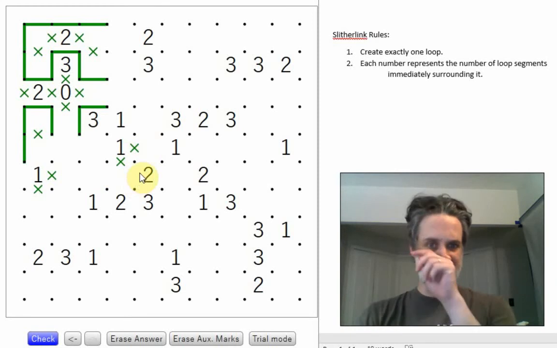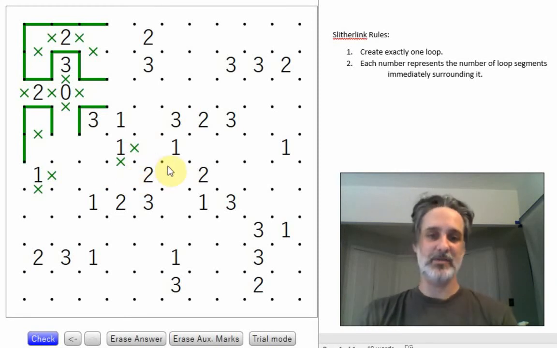Now, like I was saying, Slitherlink has a lot of diagonal clues. This 2 now is going to be very powerful, because again, it'll either loop in like that, or it'll be 2 non-segments, and that will loop. But in either case, there's one piece coming into this one, which forces those to be like that.